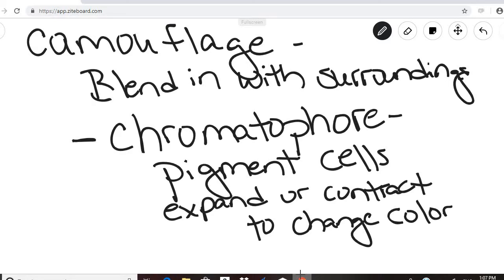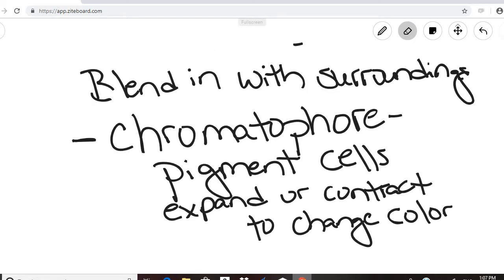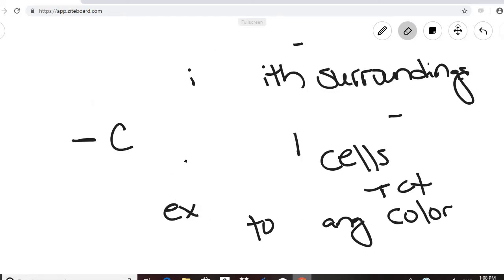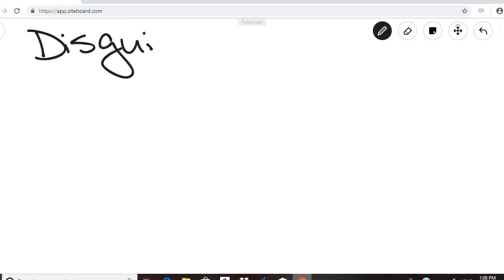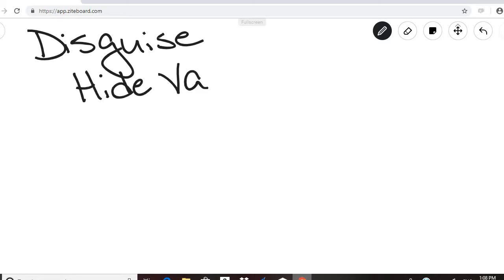That helps them with hunting for prey, but also hiding from predators. If they can blend in and sneak up on the prey, or blend in and escape from predators. Then another thing is disguise. In disguise, what they usually do is hide various body parts, or they'll have a fake marking that looks like a body part.